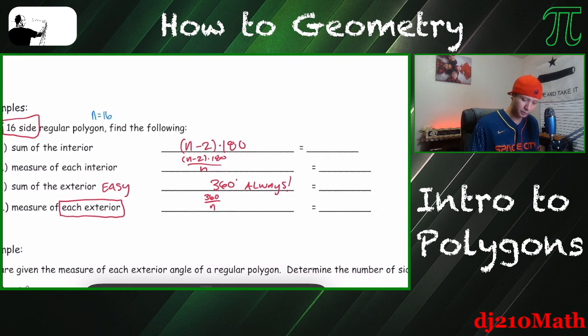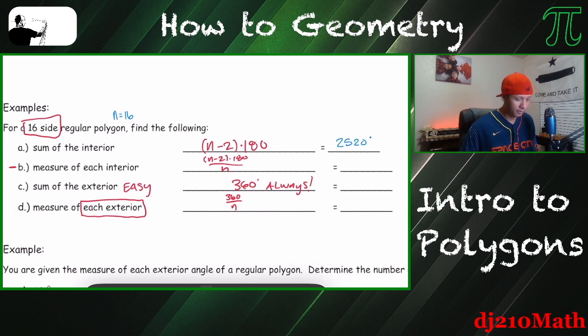It'll come out to 2,520 degrees. And if I want to know what each measure of the interior is, I take that number and I just divide it by the number of sides: 157.5 degrees.